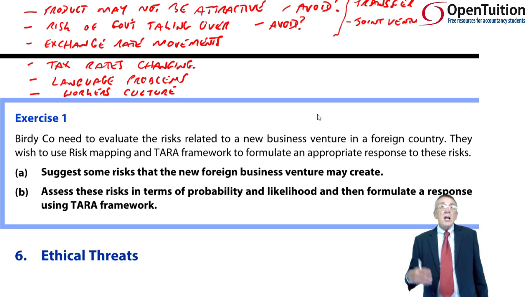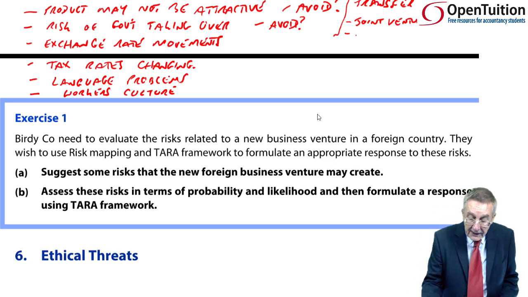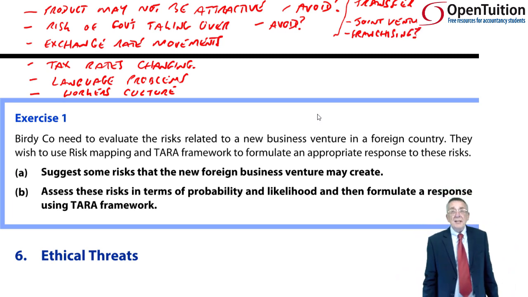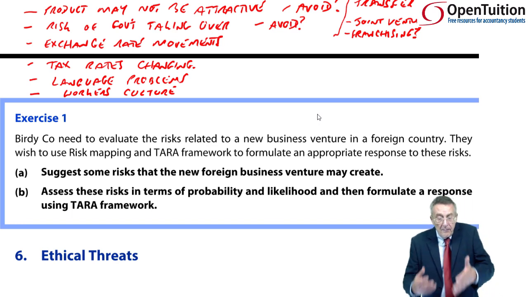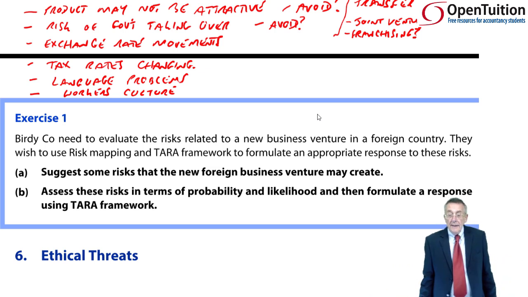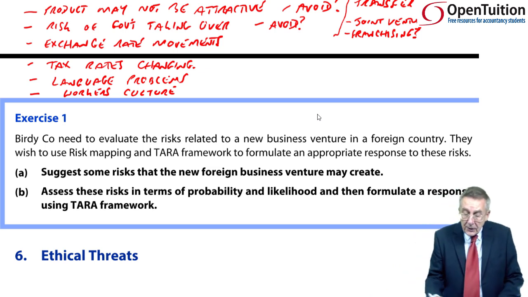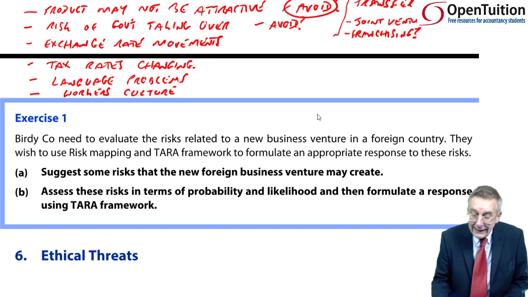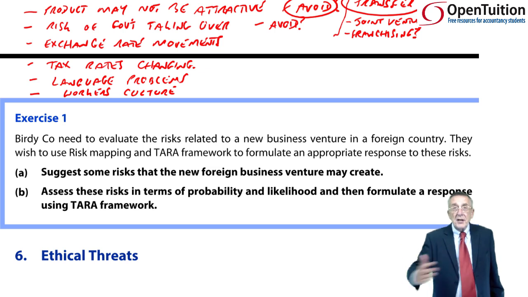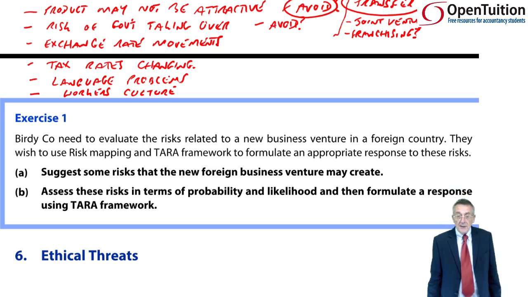But a joint venture with a local company, or some sort of franchising. Again, let a local business sell the product and so on, and we take effectively a fee. So that's what I mean. Avoid, just don't do it. Transfer, look for some way of pushing the risk away from us onto somewhere else.